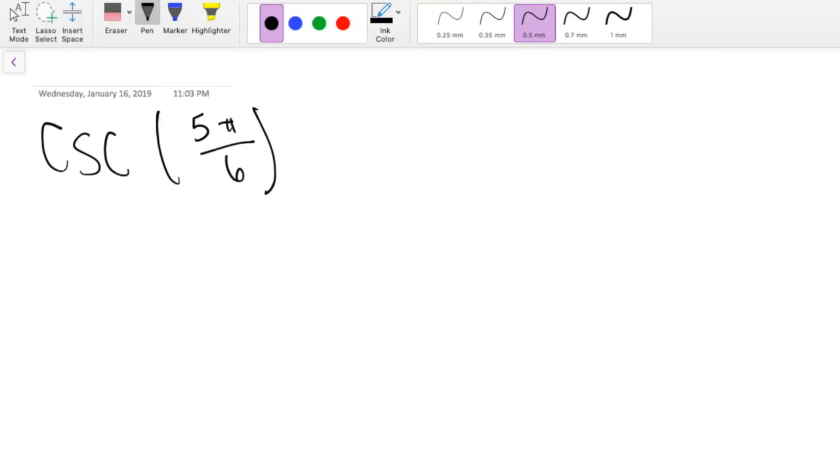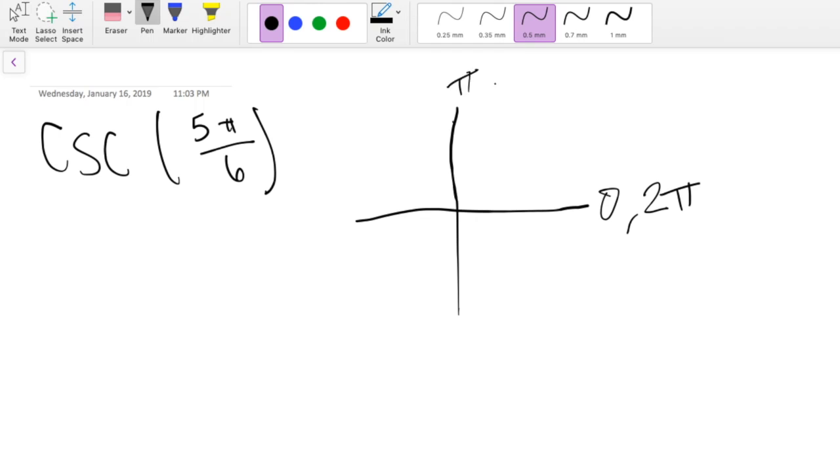Okay, the next problem is the cosecant of 5 pi over 6. Okay, so we have to draw the unit circle first. This is 0 to pi. This is pi halves. This is pi.